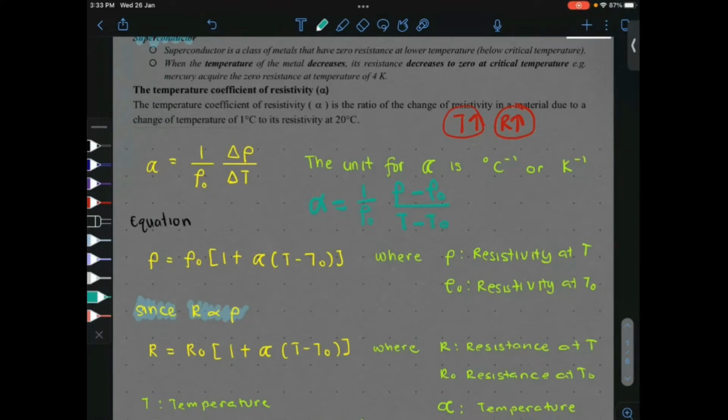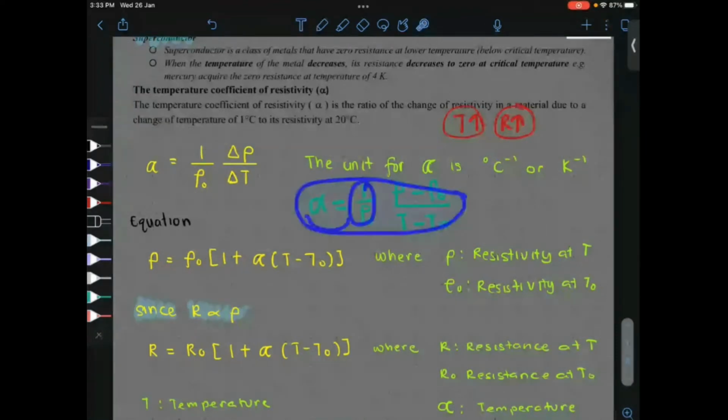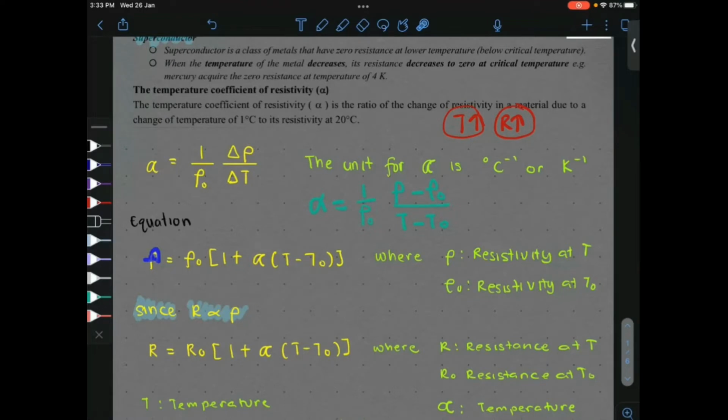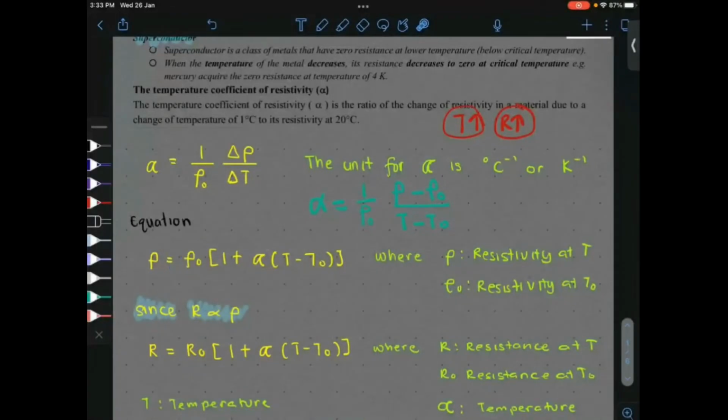Okay, so lepas kita kembang, we do your math, awak bawa ini ke sini, and then awak pun rearrange apa semua bagai, you will end up with rho, iaitu resistivity at a new temperature ataupun temperature lepas kita increase itulah selalunya, is equals to rho naught 1 plus alpha (T minus T naught), where rho is the resistivity at T, rho naught adalah resistivity at T naught. Okay, T naught adalah reference temperature kita. T adalah any other second temperature yang dia akan beri.